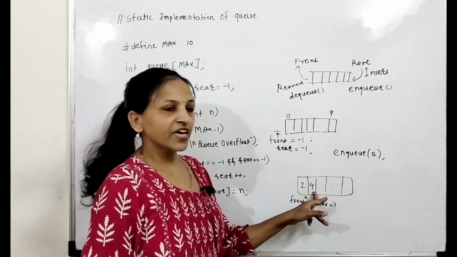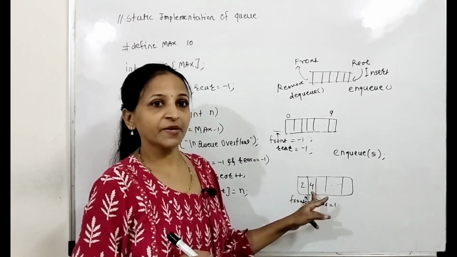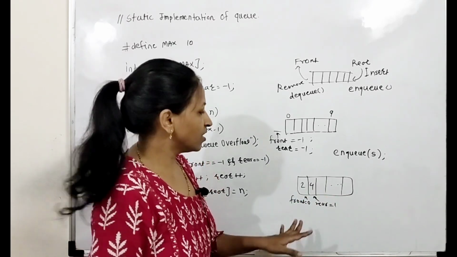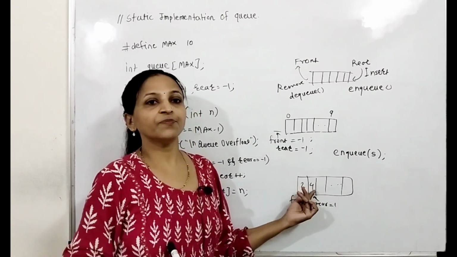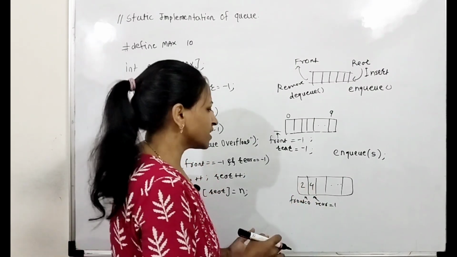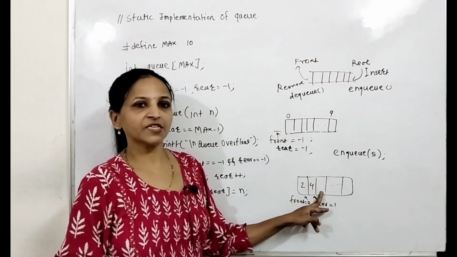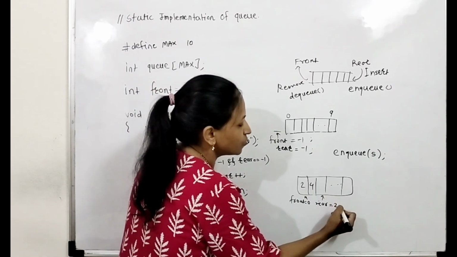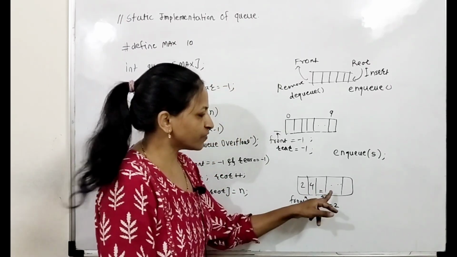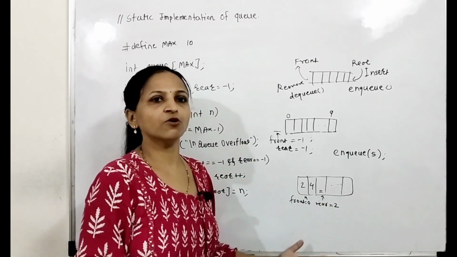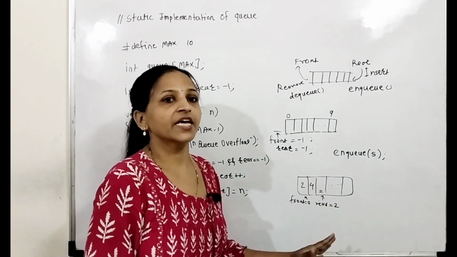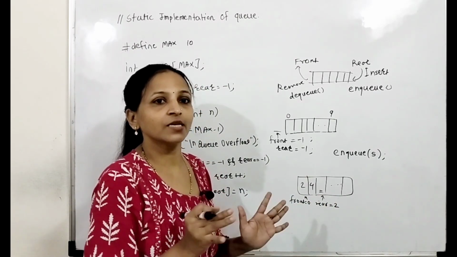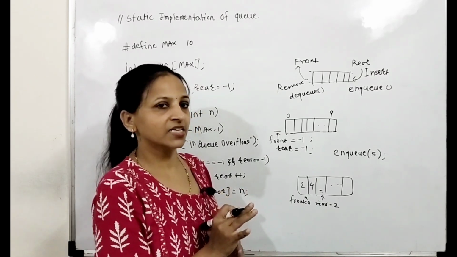In that case also we have to insert the element at this place, which means we just increment the rear. If front is 0, rear is 1, with 2 elements, we do the same thing, rear plus plus, so rear becomes 2 and here we insert the element. If we insert one more element, again we repeat that, we just increment the rear and add the element.